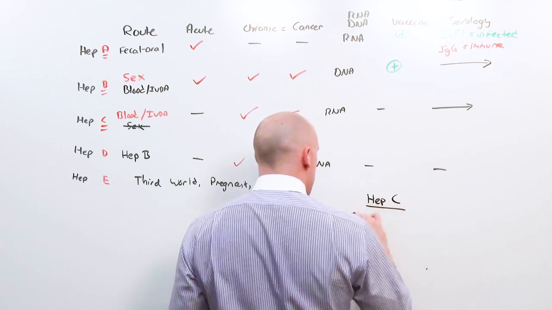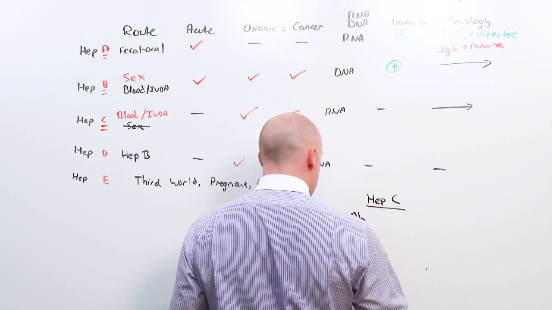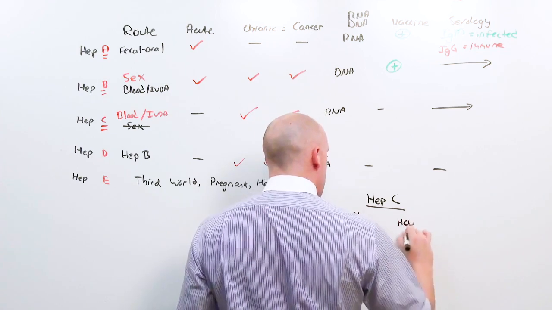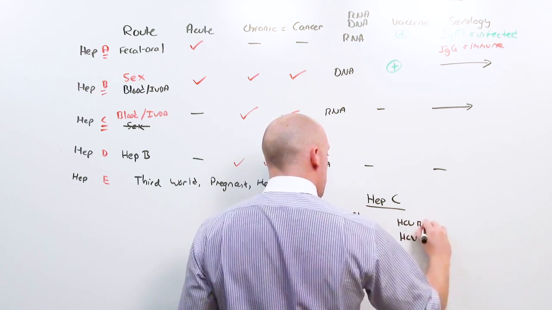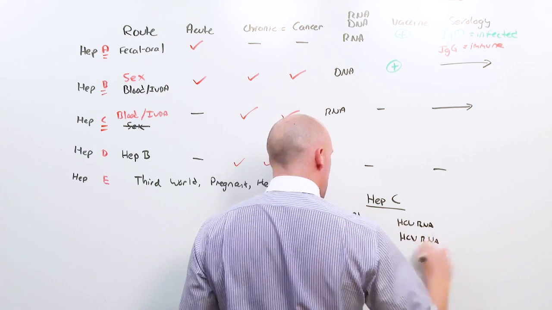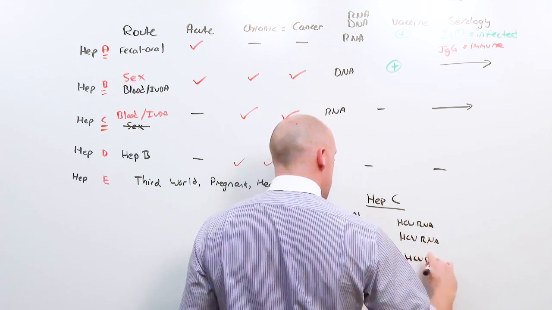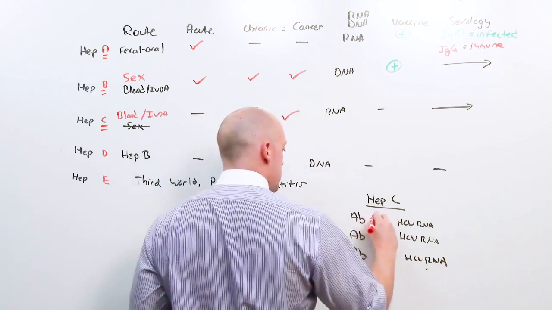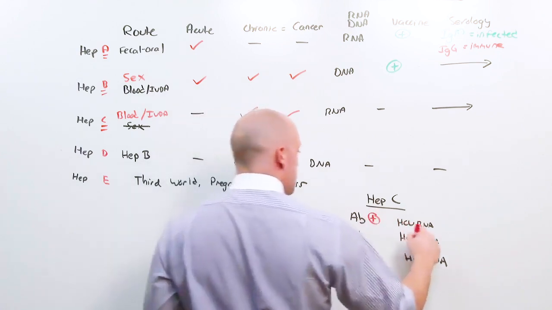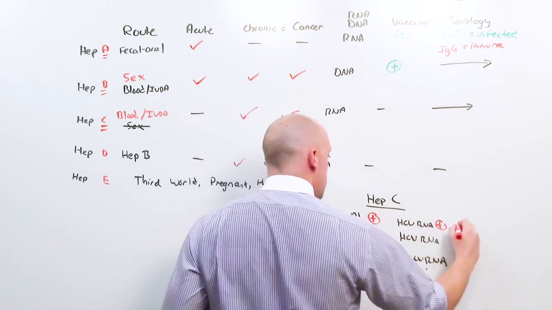There's going to be 3 states, and it's dependent on the RNA status, the viral load, and the antibodies. If the antibody is positive and the virus is positive, you are currently infected.